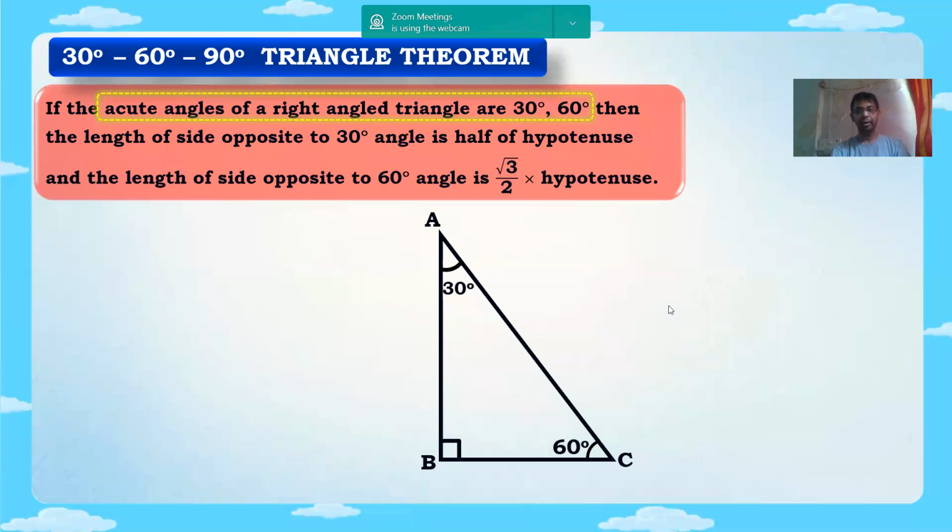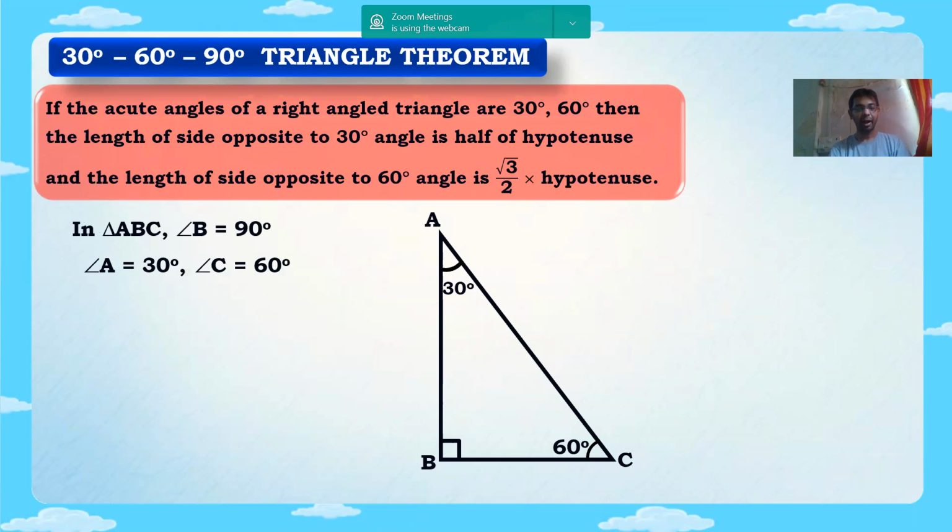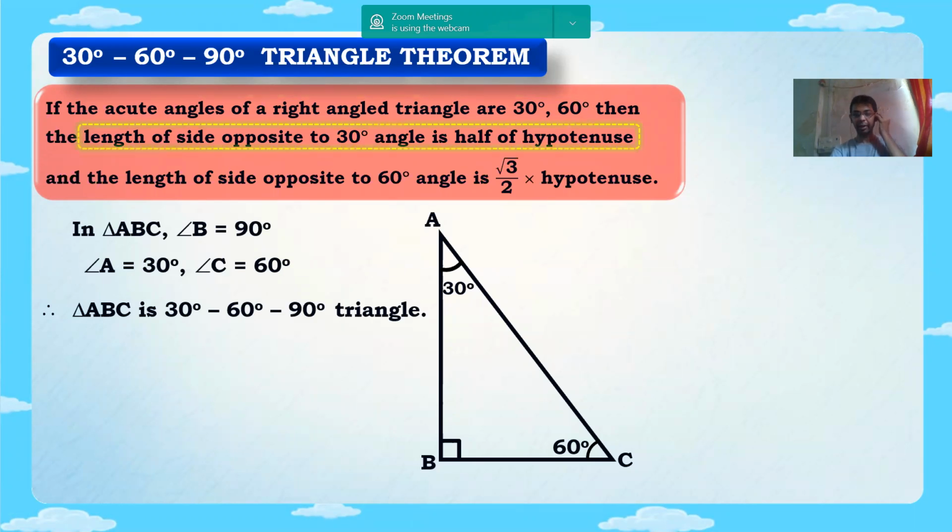So we'll write in triangle ABC, one of the angles is 90, the second angle is 30 and the third angle is 60, then the triangle becomes a 30 degree, 60 degree, 90 degree triangle. Now if this happens, what will happen? Very important, I have highlighted. They are saying that the length of the side opposite to angle 30.